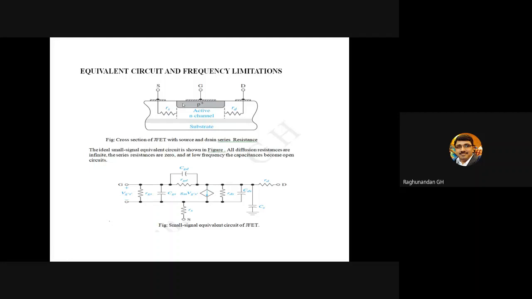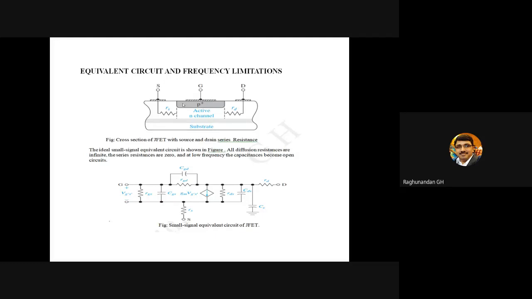Just tell me, you have two metallic plates placed closer together, separated by a small distance. What does it give out? Capacitor. That distance might be filled with N-type, P-type material, or it might be filled with air, water, or anything that acts as a dielectric medium.